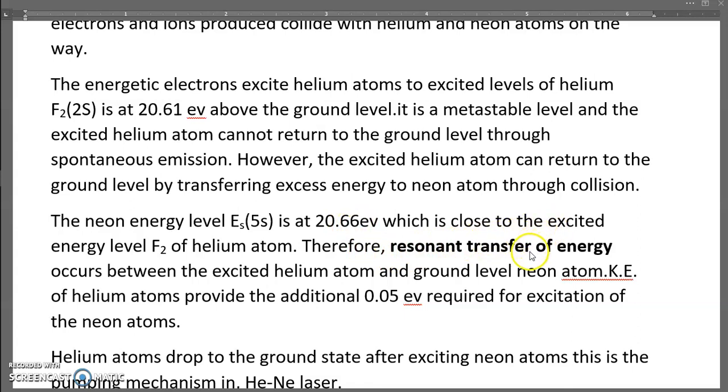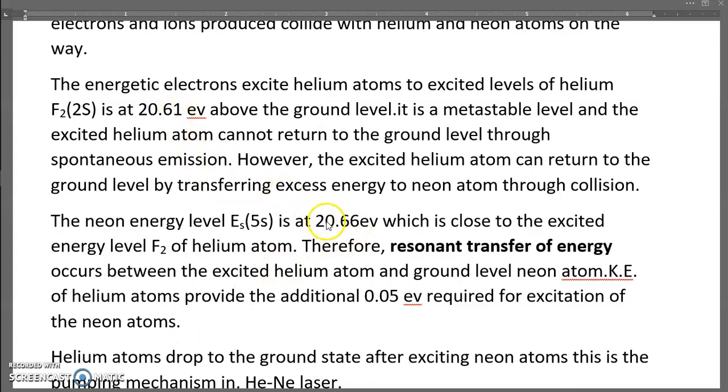Therefore, in the resonant transfer of energy between the excited helium atom and the ground level of the neon atom, the kinetic energy of the helium atom provides the additional 0.05 electron volt. This is very important. The kinetic energy of the helium atom provides the additional energy required for the excitation of the neon atom.